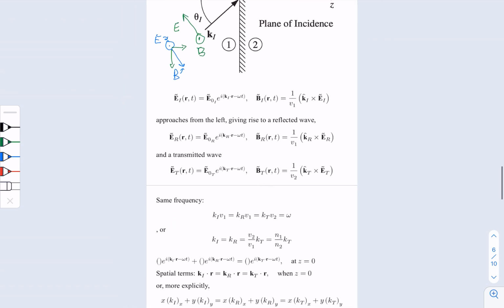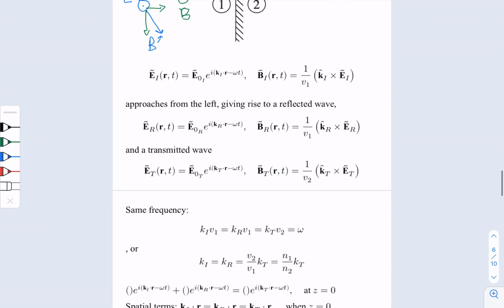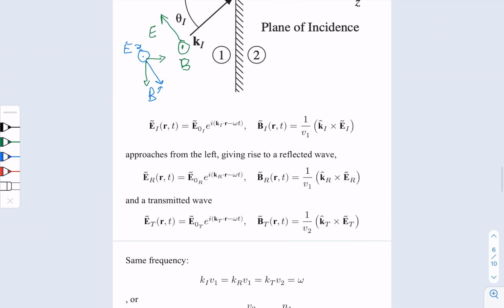So now let's not worry about the details of these two different cases here, but look at the general case, where we are only looking at the general solution over here.